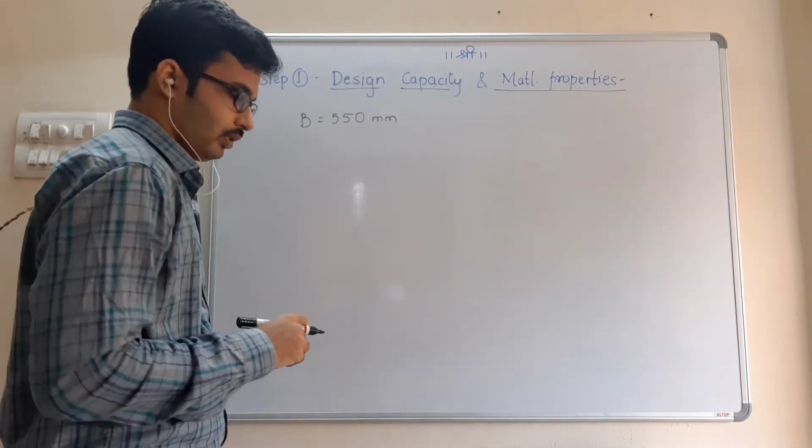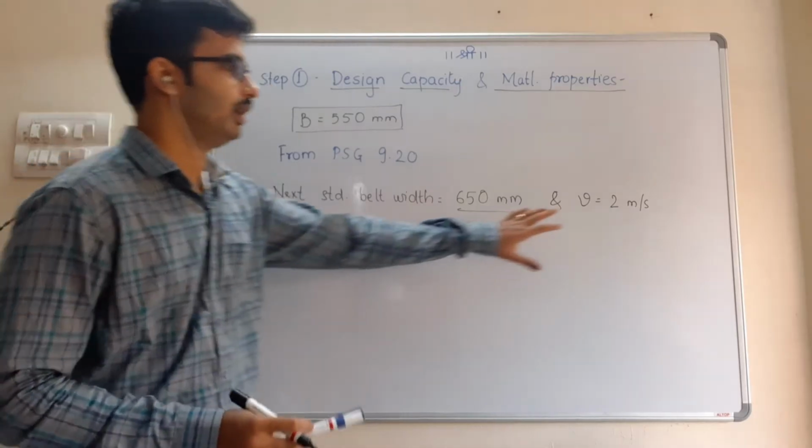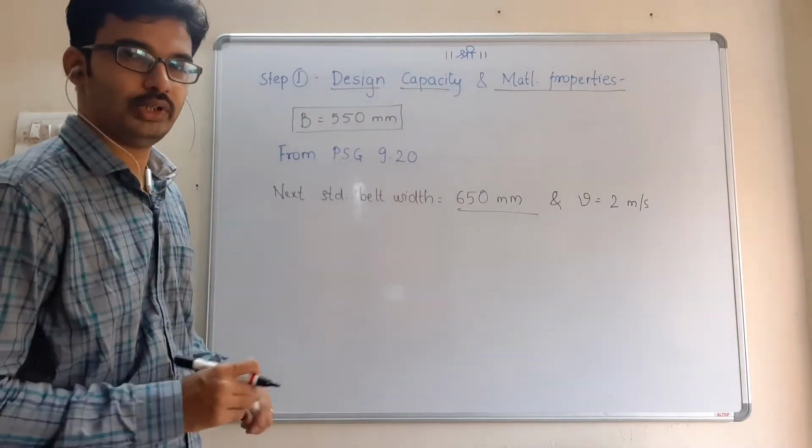So from PSG 9.20, we can see that for material coal we have to select the next standard size of belt width, 650 mm, which is greater than 550 mm as per our design calculations, and the allowable belt speed would be 2 meters per second. So these two are the values from this PSG 9.20.